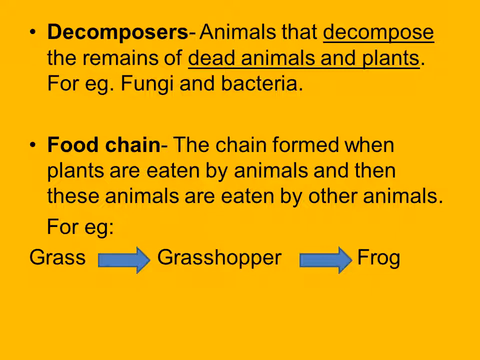The example given is grass, which is a type of plant, eaten by a grasshopper, and the grasshopper is further eaten by a frog. This is a small food chain shown to you to understand. So a plant is eaten by an animal and that animal is eaten by another animal. This is known as a food chain.